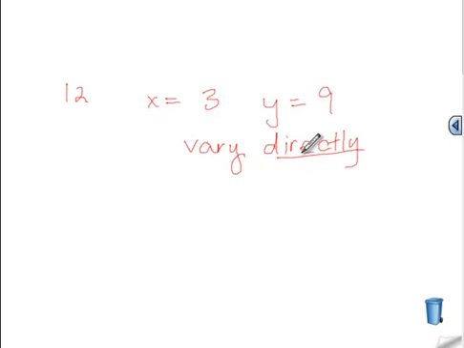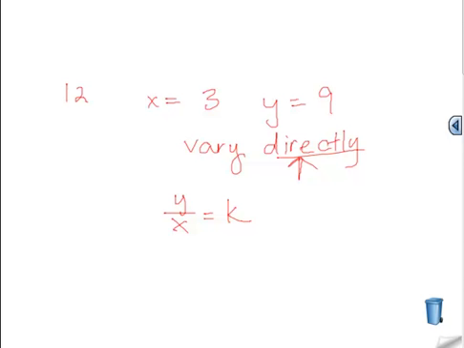Directly is the quotient, it's the division. So I'm going to say y divided by x is equal to some sort of k.